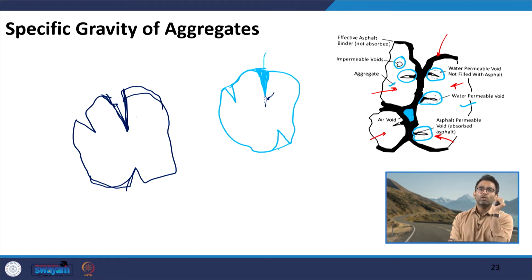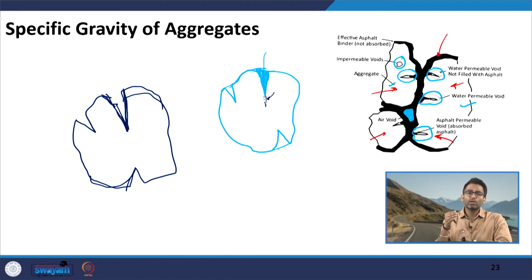Bitumen is also in a fluid state when it is mixed with the aggregates. Because it is in a fluid state, the bitumen will have a tendency to occupy the surface voids of the aggregate particles, but not necessarily the entire water permeable voids will be accessible to bitumen, because the viscosity of bitumen is higher than water.